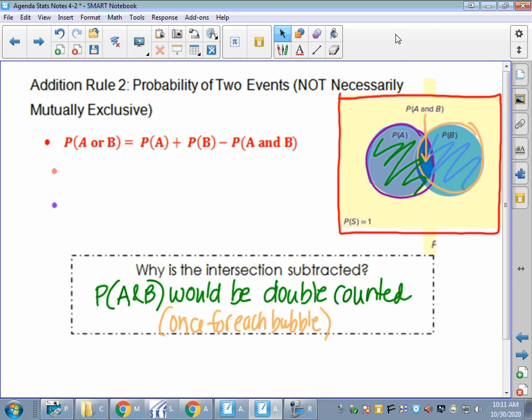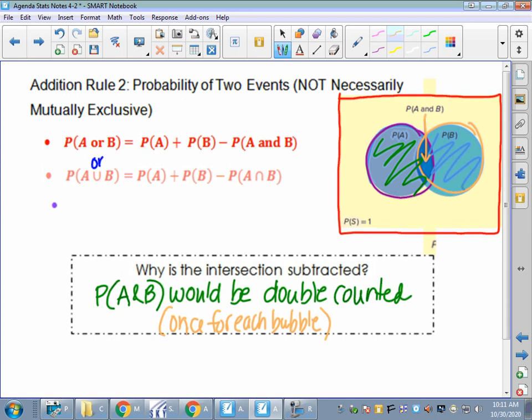So then I got technical with the symbols of it. So the probability of A union B, so A and B, sorry, A or B, remember, is the probability of A plus the probability of B minus this guy right here, which means intersection.